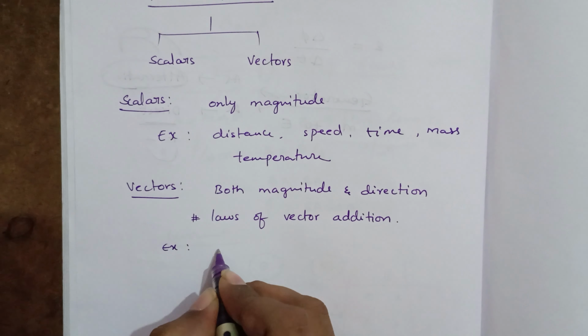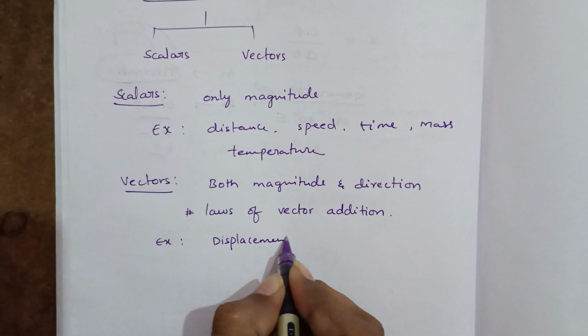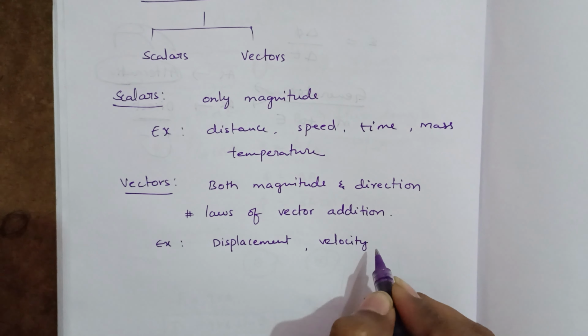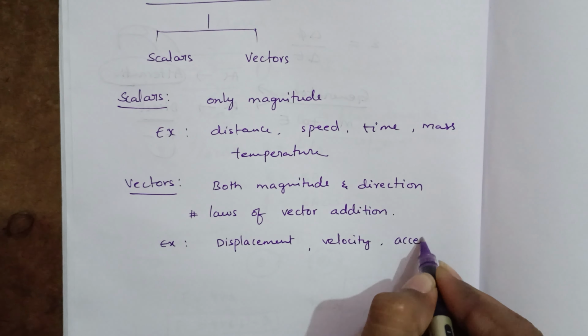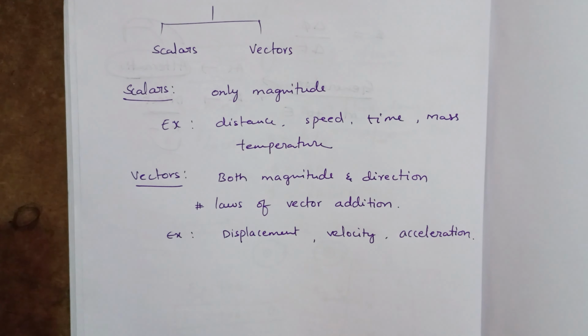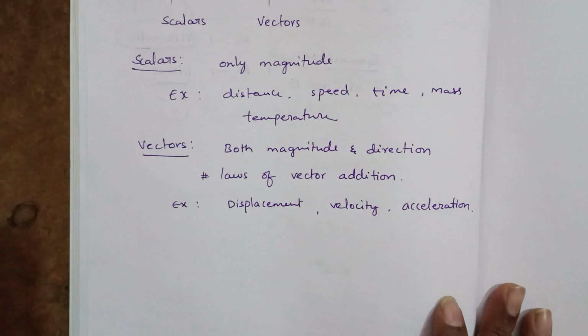Examples: displacement, velocity, acceleration are vector quantities.